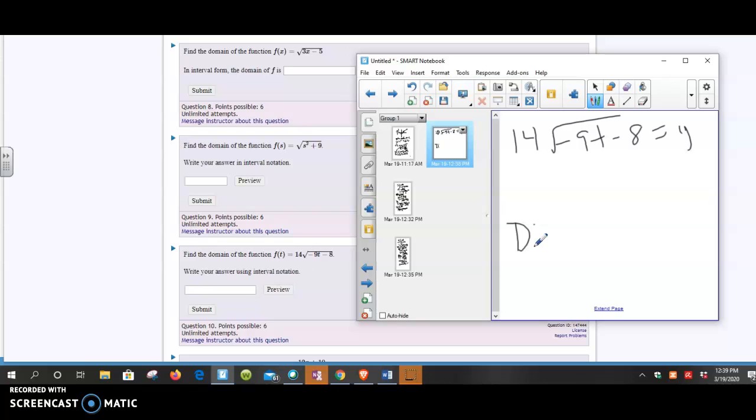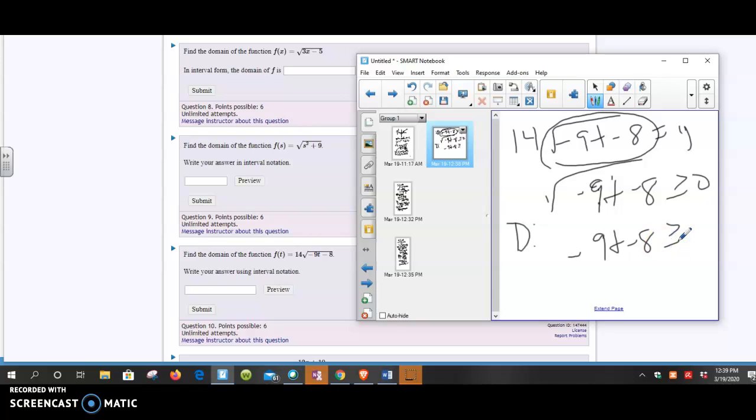Do we have a denominator? No. So we have to make sure that this has to be greater than or equal to 0. So -9t minus 8 has to be greater than or equal to 0. We square both sides, so that's what we did there.